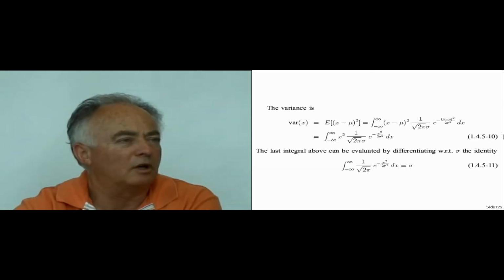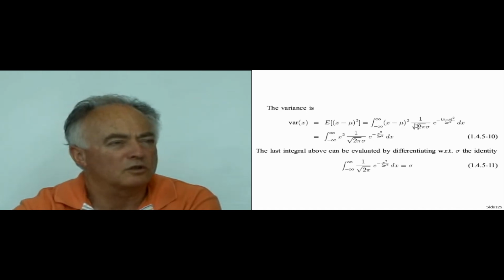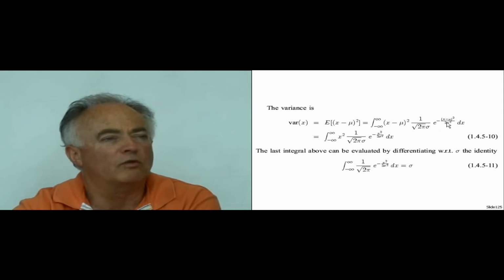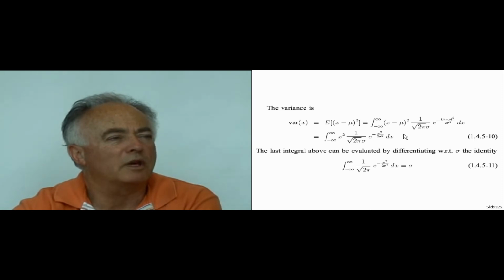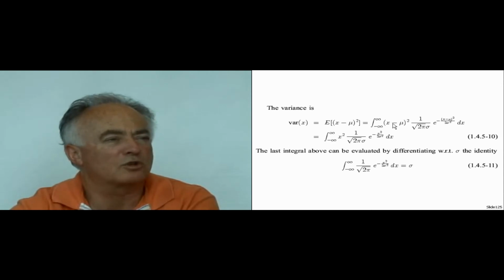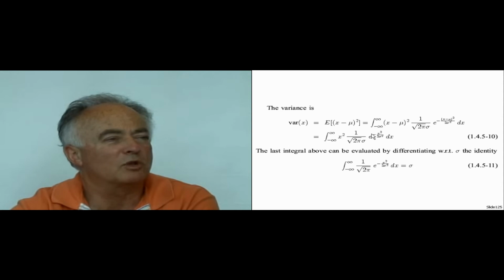The second term of interest is the variance, E of x minus mu squared. This is the integral of x minus mu squared, the normalization constant, and the exponential of minus x minus mu squared over 2 sigma squared. We can change the variable and still denote it by x: shift x minus mu equal to y, then designate y as x, so we don't have a mu.